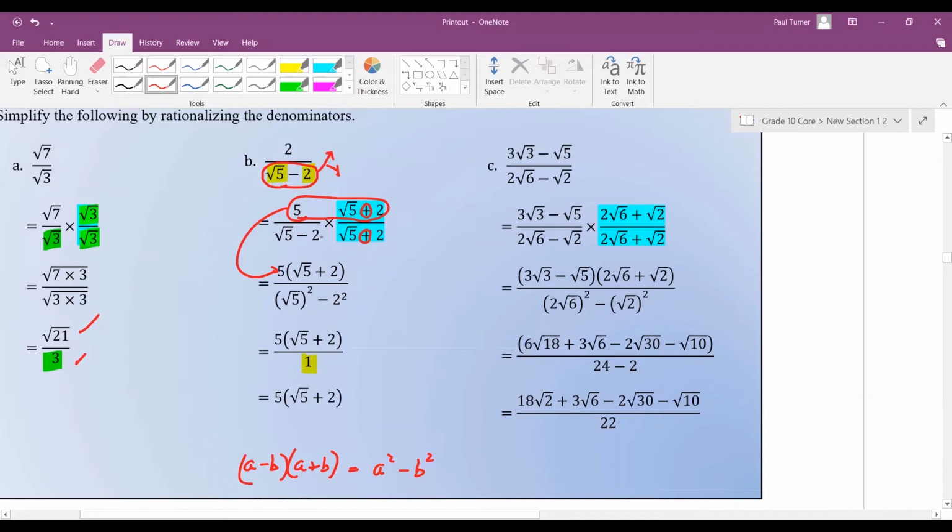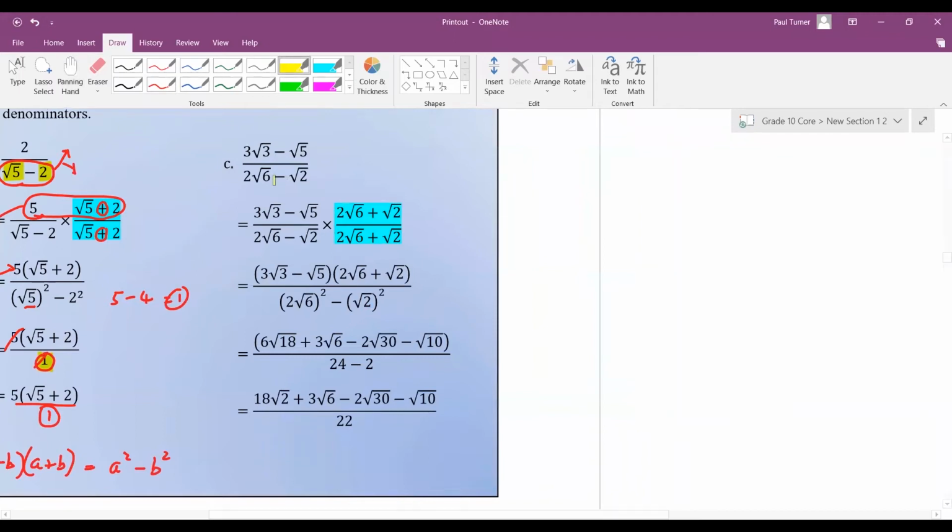So a minus b, a plus b is a squared minus b squared. And root 5 squared is 5. 2 squared is 4. Gives you 1 in the denominator. So 5 on 1 is 5. So your denominator here will be 1, and you don't need to write that if it's 1. Okay, so the same idea on this problem.